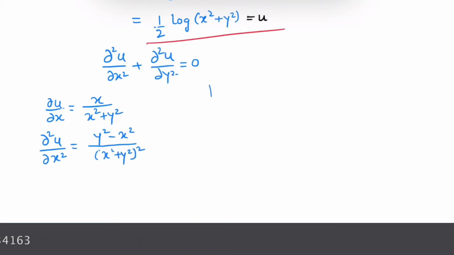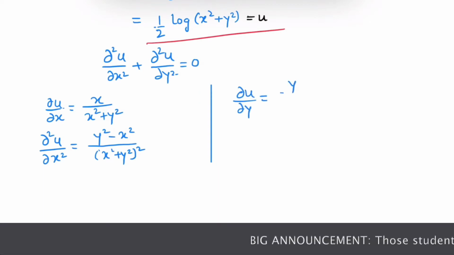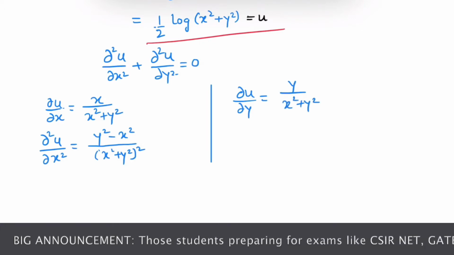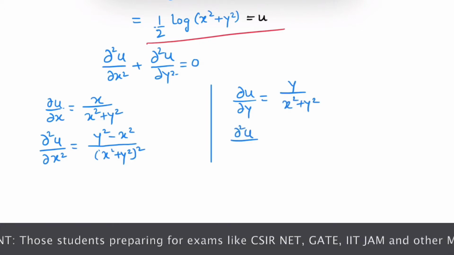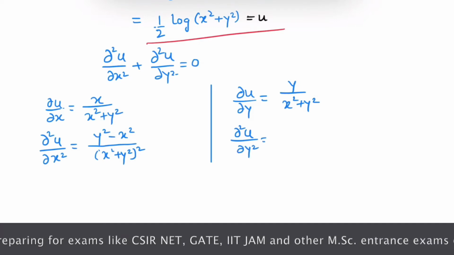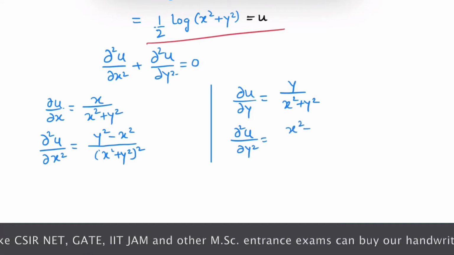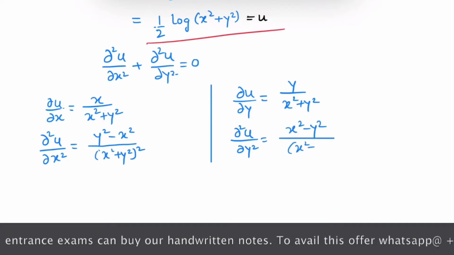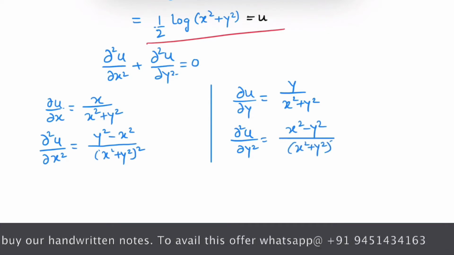And del u over del y will be y over x square plus y square, and del square u over del y square will be x square minus y square over x square plus y square whole square.